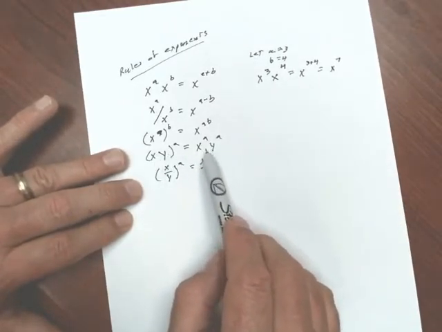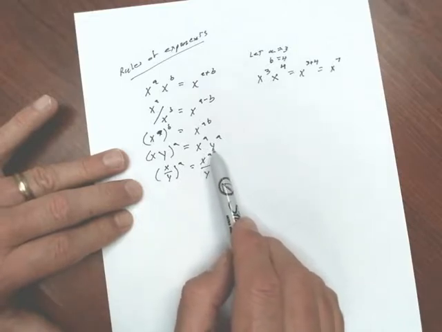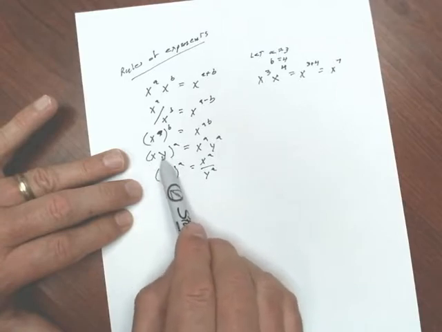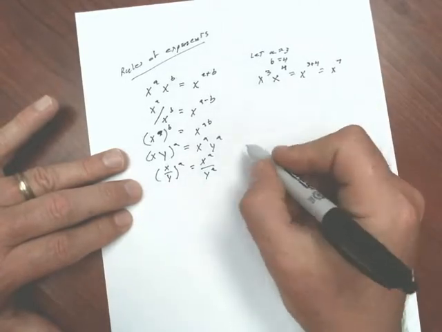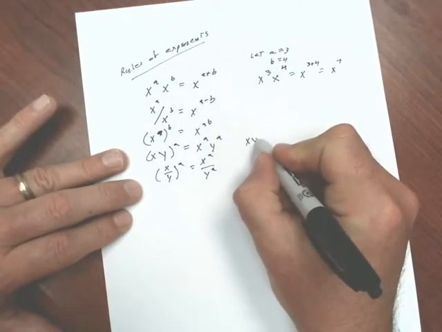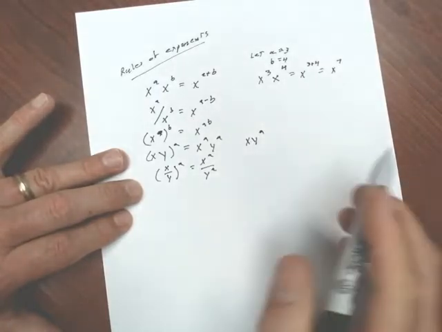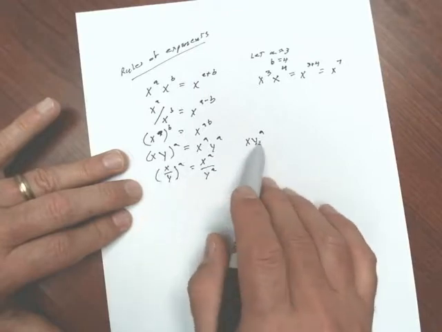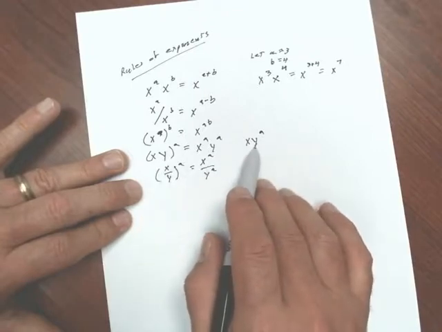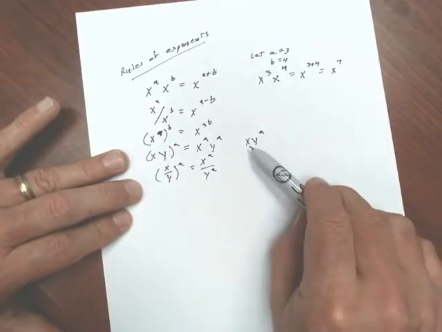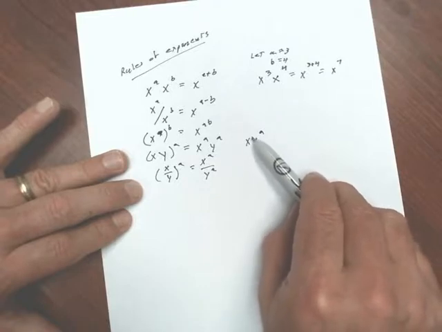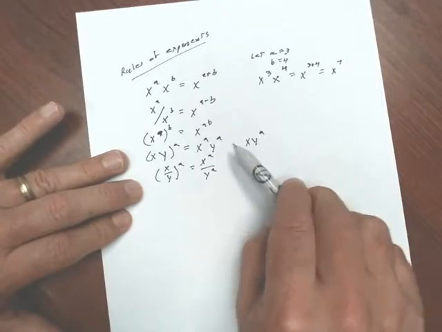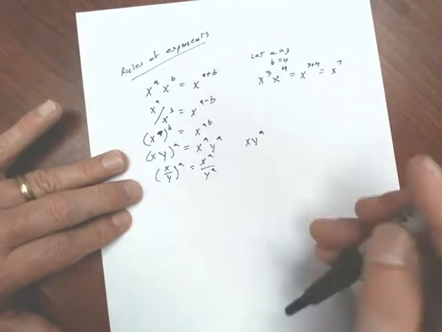You can't say x times y^a is the same as (xy)^a, because y is a different variable. This is saying that x has an exponent of 1 and y has an exponent of a, and that is obviously not the same as this.